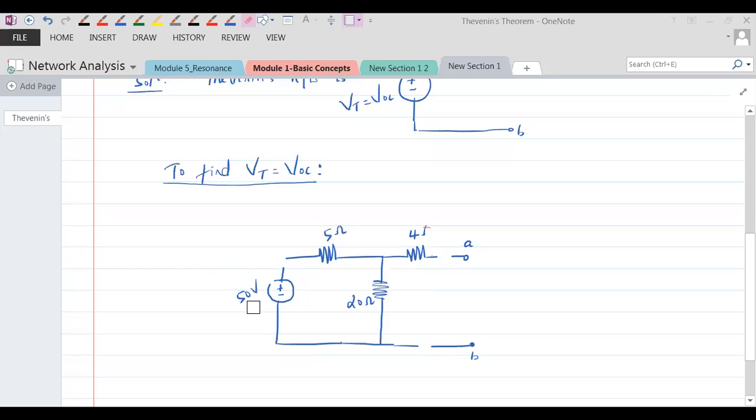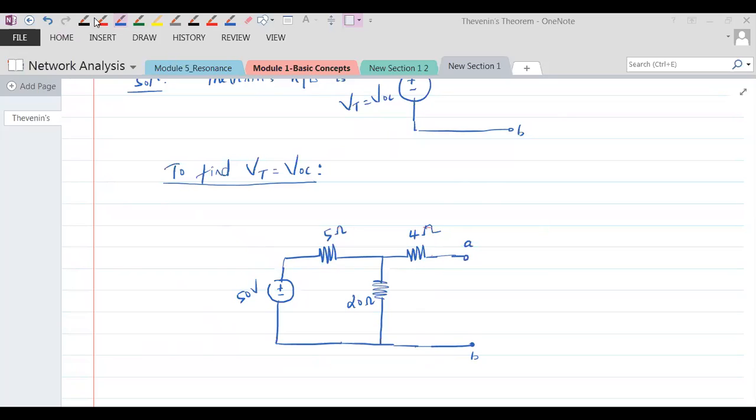Now everybody copied down that circuit. Now what we shall do is marking this voltage. So this is the given circuit.